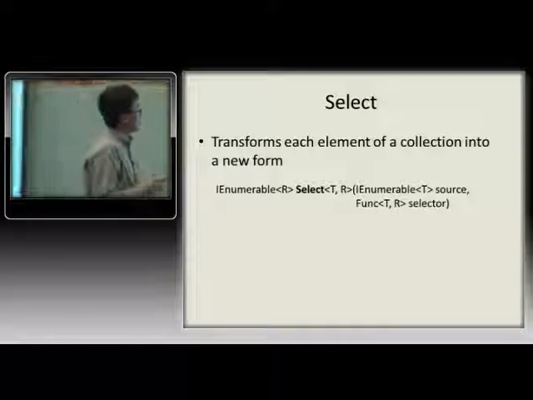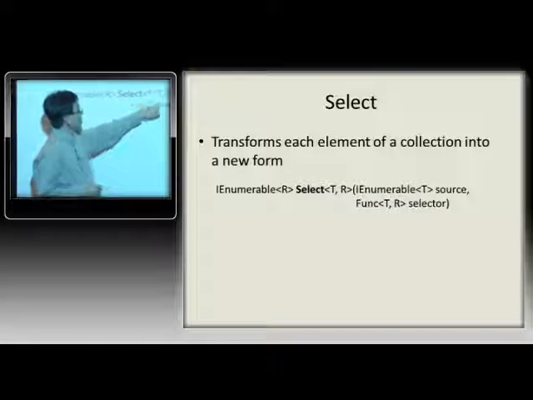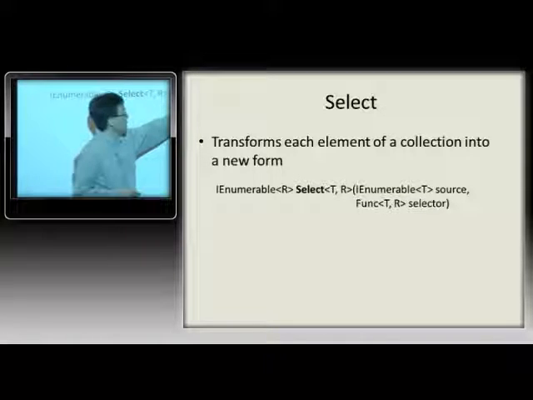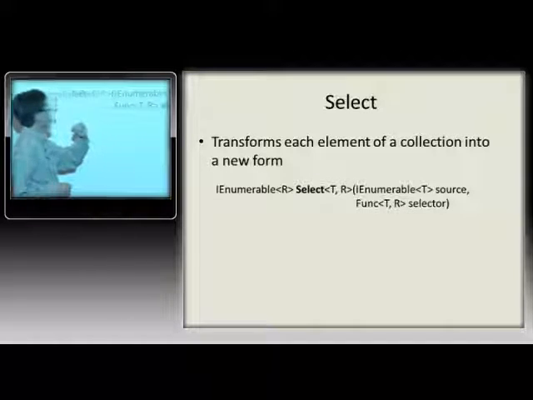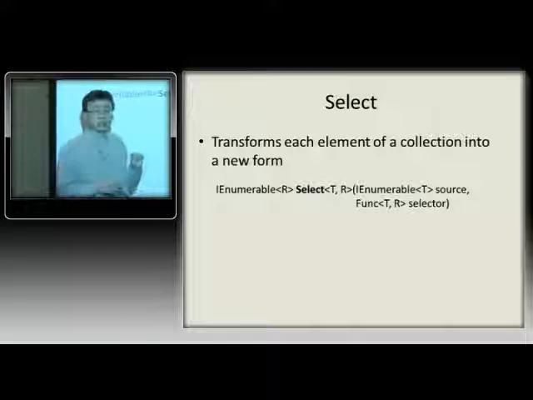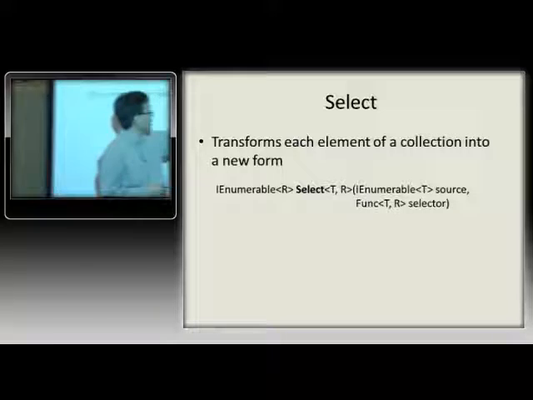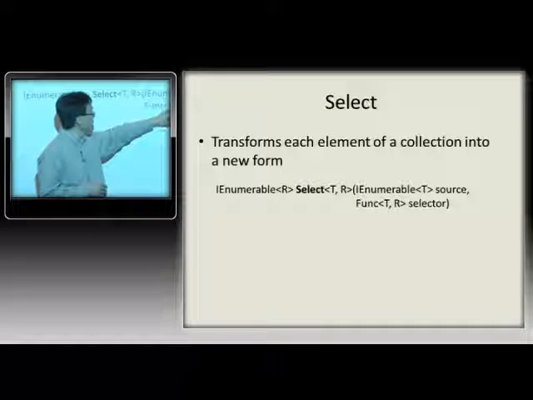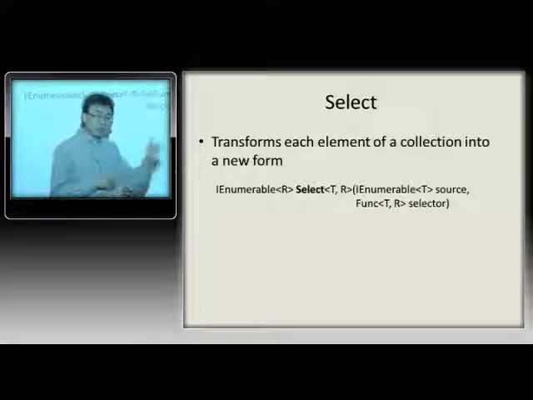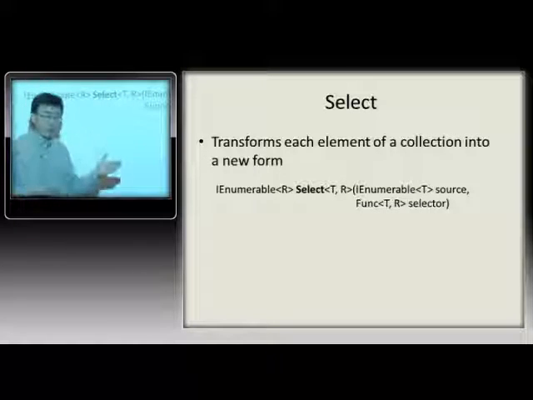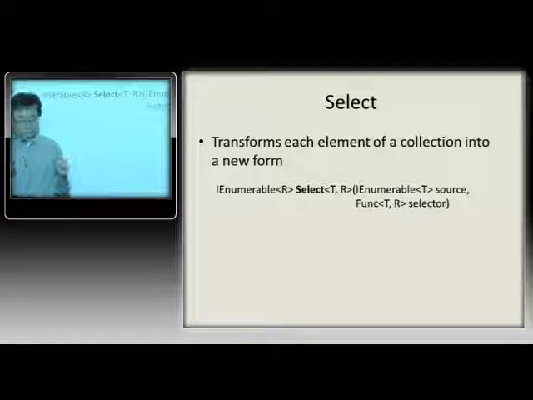If you look at the signature of select, I have a collection, and the element of the collection is of type T, and I want to return another collection, and the element of the collection is of type R. By applying this function that takes an element of T and returns an element of R, for each individual element of the collection, I apply this transformation function, and that returns another collection.